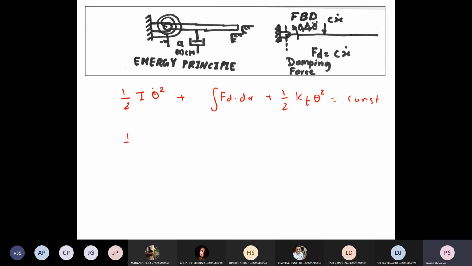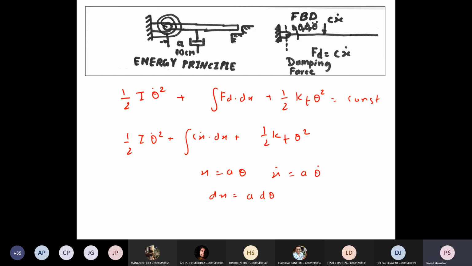So this again becomes half I theta dot square plus integral of Fd dx, where Fd is C x dot, the damping force, plus half k torsional into theta square. Now x is equal to a theta, so x dot is equal to a theta dot, and dx is equal to a d theta.